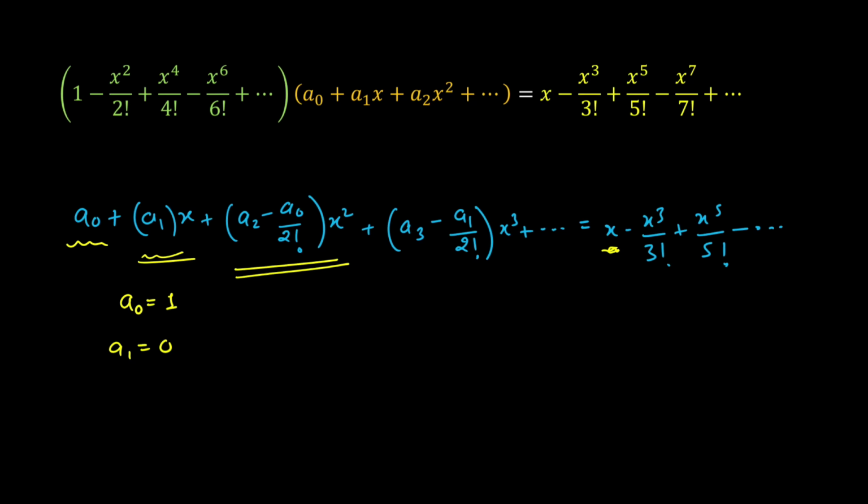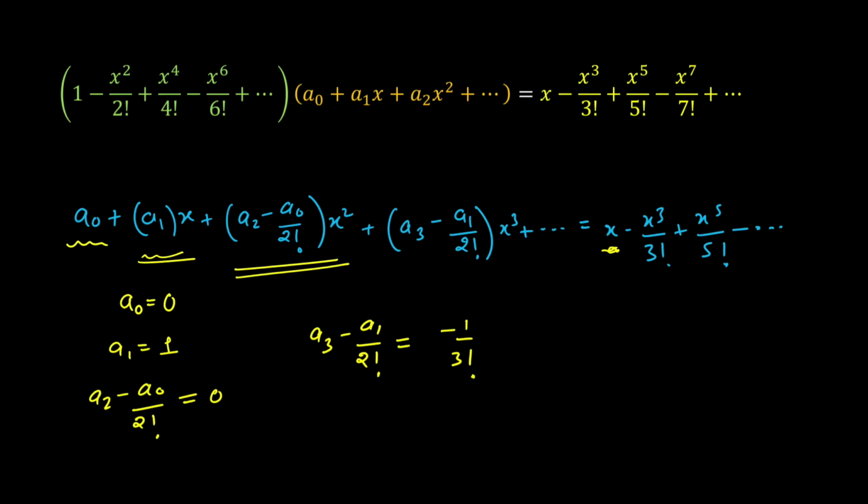Term containing x square, I mean the coefficient of x square, a2 minus a0 over 2 factorial should be equal to, I'm sorry, I think there is a mistake. Oh yes, the constant term is 0 and a1 is equal to 1. Then a2 minus a0 over 2 factorial is again 0, and a3 minus a1 over 2 factorial is equal to minus 1 by 3 factorial, right?